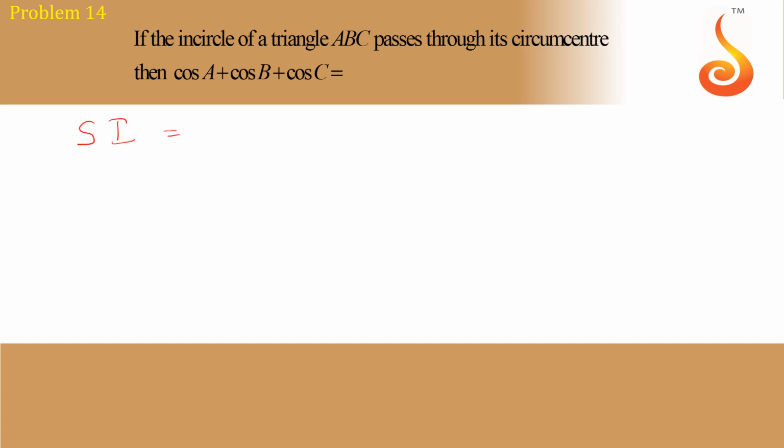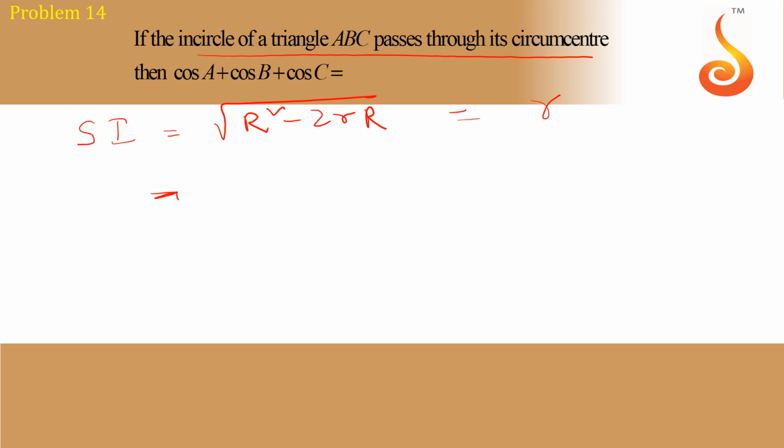Circumcenter is S, incenter is I. The formula is the square root of R squared minus 2rR. So what they said, the incircle is passing through the circumcenter, means the incircle radius is small r, no? That should be equal to the distance between circumcenter and incenter, because the circumcenter is on the incircle now.